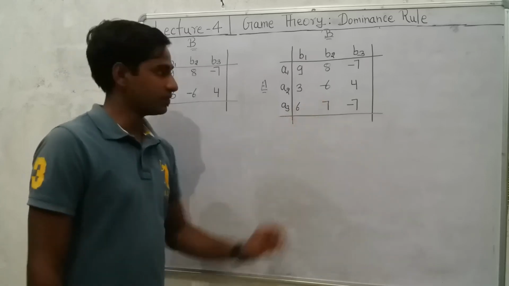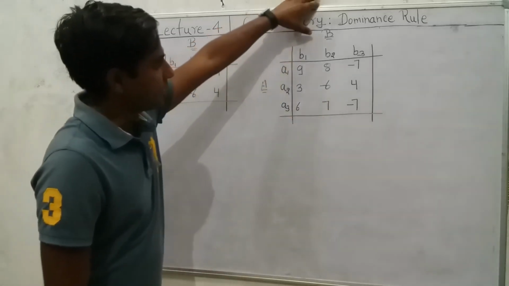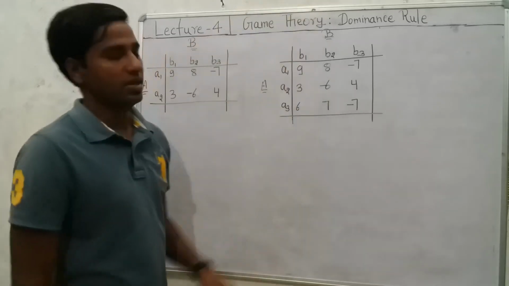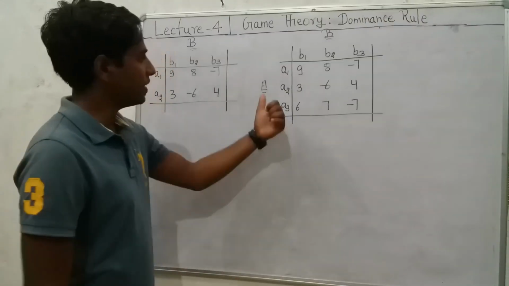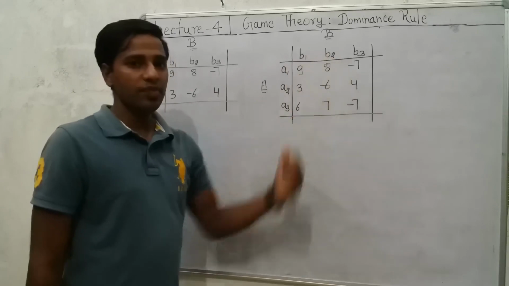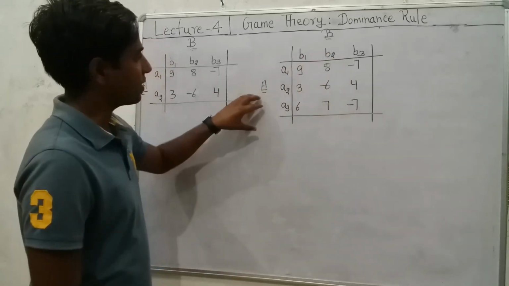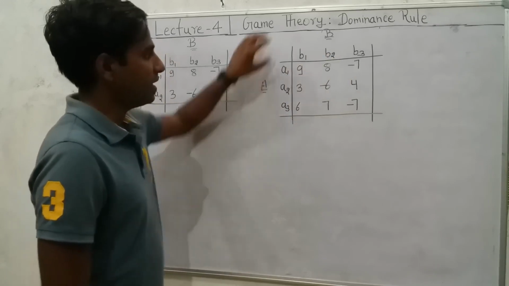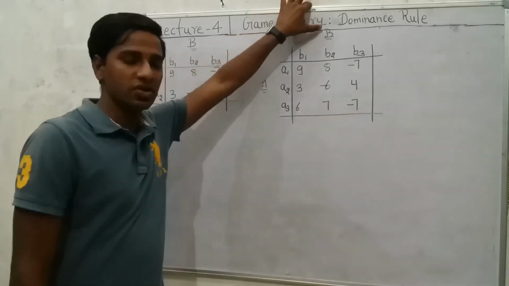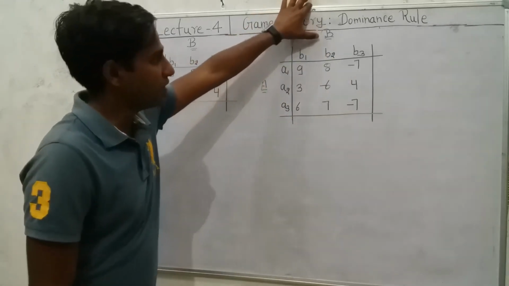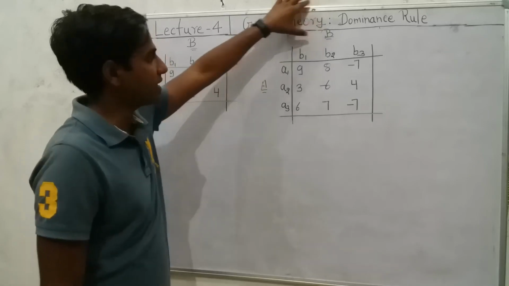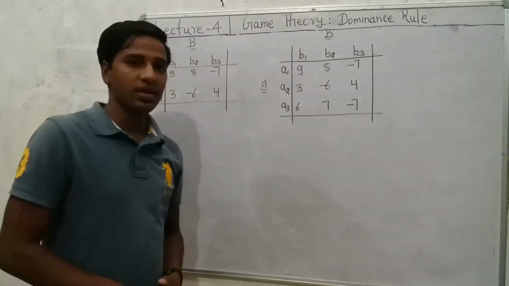It is a two-person game, and also a zero-sum game. It means the gain of player A would be exactly equal to the loss of player B, and the profit of B would be exactly equal to the loss of company A.